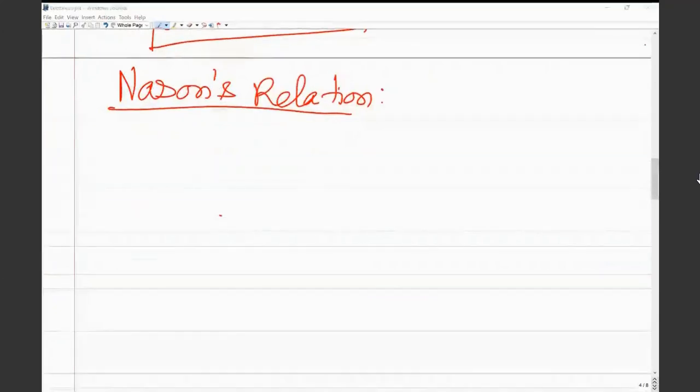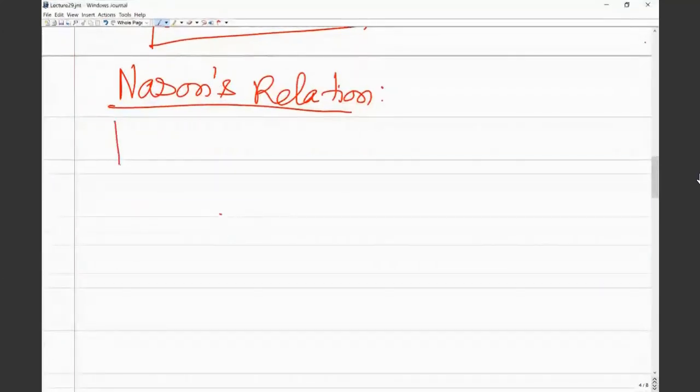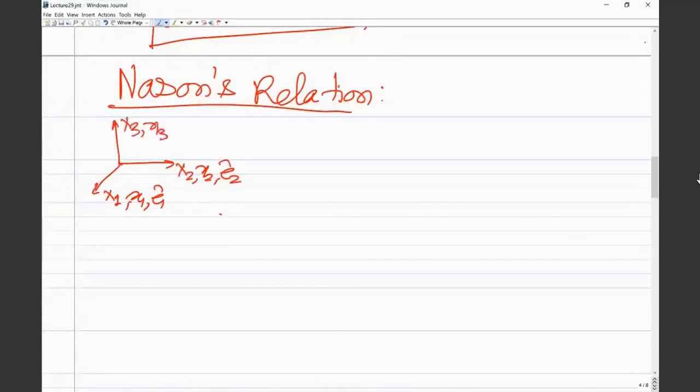So let us say again we have these coordinate axes. Same as before, we have x1, small x1 and e1 cap, x2, small x2 and e2 cap, and x3, small x3 and e3 cap.